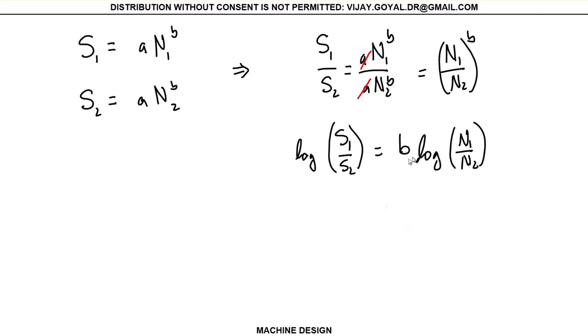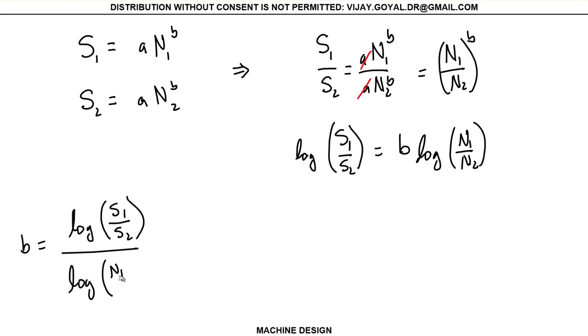So now I can solve for B: B is equal to log of S1 divided by S2, divided by log of N1 divided by N2. It doesn't matter how you do this. You can flip it, but if you flip it, there's just a minus sign and there's another minus sign there. So you could do it either way and it should give you exactly the same answer.